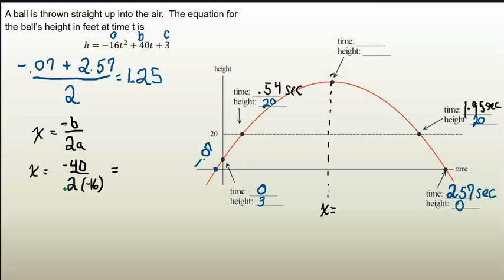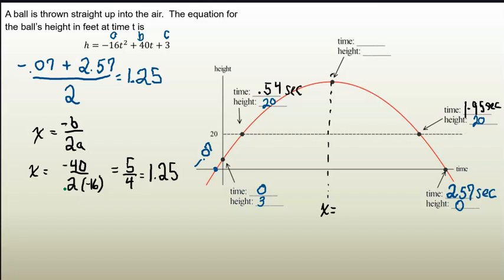Negative b over 2a is just part of the quadratic formula. And somebody, probably a very, very long time ago, figured out that if they use that part, they can get that axis of symmetry. Either way will work. So it's up to you.